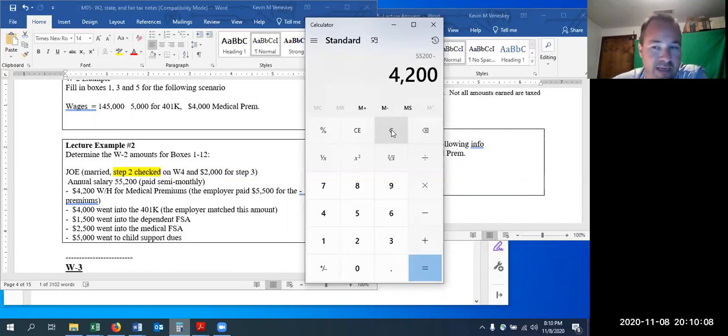The employer paid, doesn't matter right now. That'll come in later. 4,000 into the 401k, yep, can take that right out of the federal income taxes. FSA for dependent care, yep, can take that out. Medical FSA, yep, can take that out. Child support, nope, can't take that out. So we should have box 1 of 43,000.